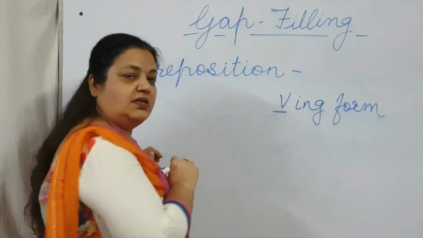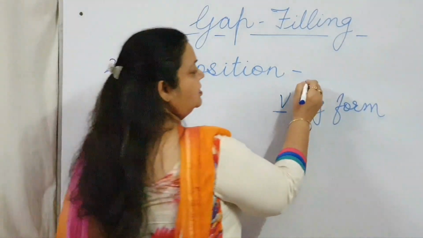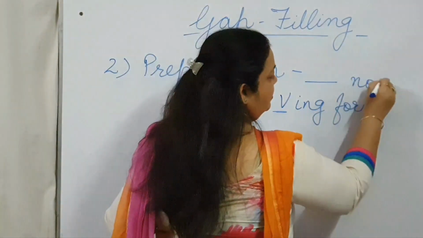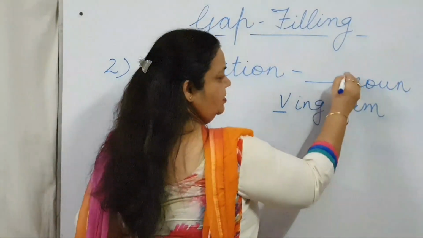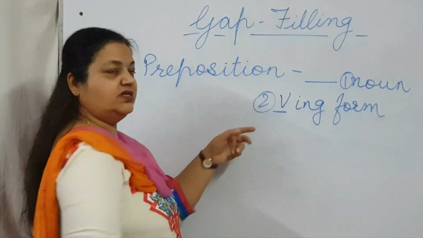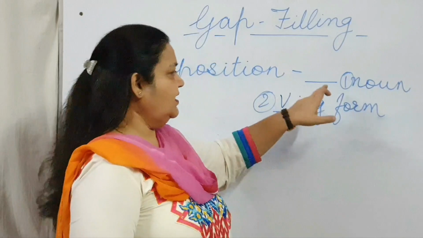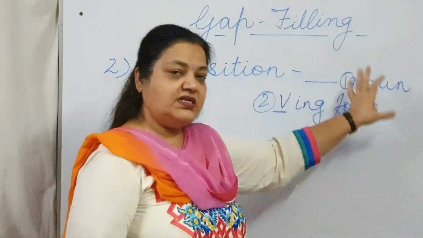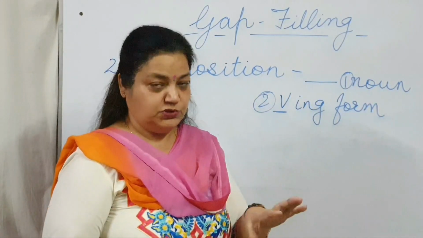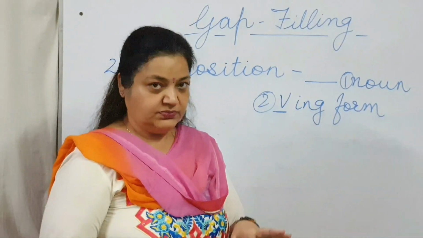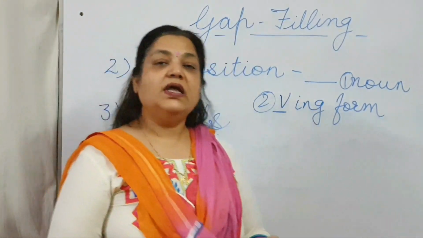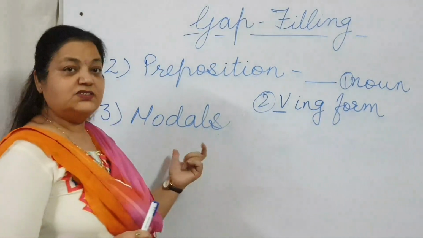Or the blank should have a noun after it. Either noun or verb. If it is a verb in ing form, then it has to be a preposition. If there is a noun, it has to be a preposition. Clear?